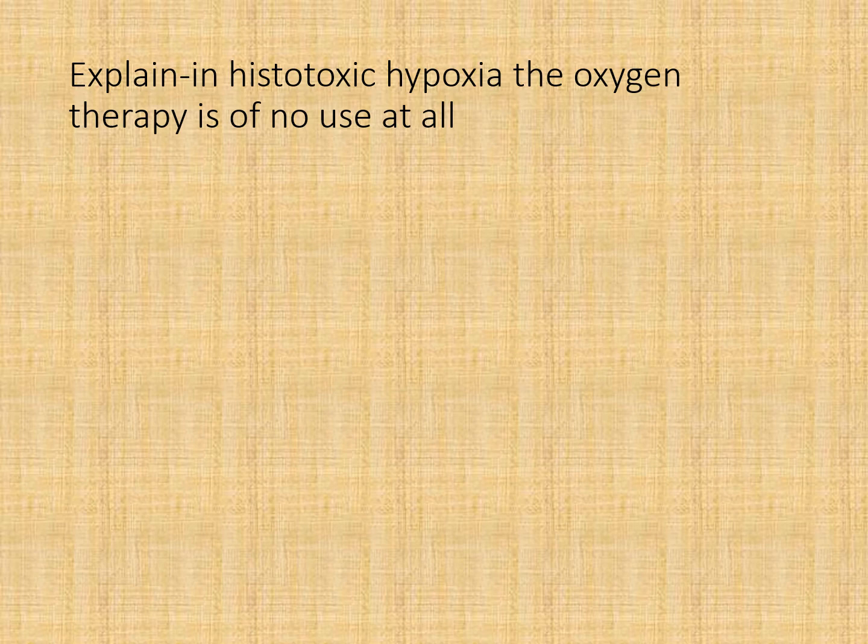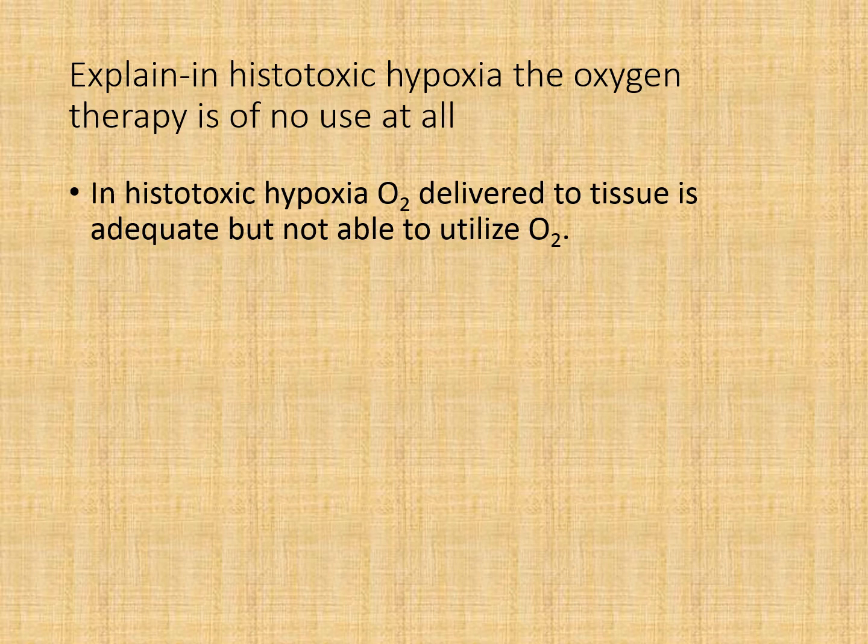Explain, in histotoxic hypoxia, the oxygen therapy is of no use at all. In histotoxic hypoxia, oxygen delivery to the tissue or the cell is adequate, but utilization of oxygen is defective.